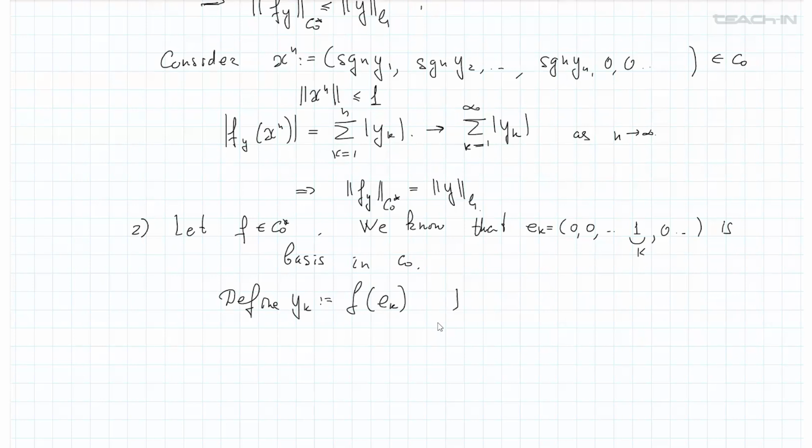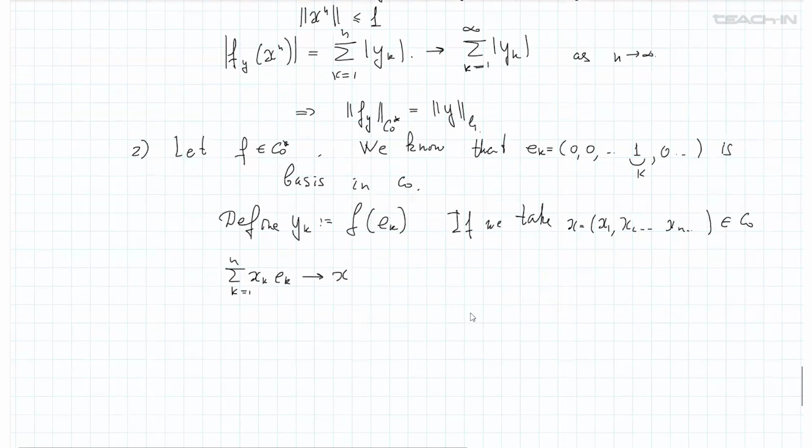If we take x = (x1, x2, ..., xn, ...) from c_0, we know that the partial sums tend to x. Our operator, our functional, is continuous.